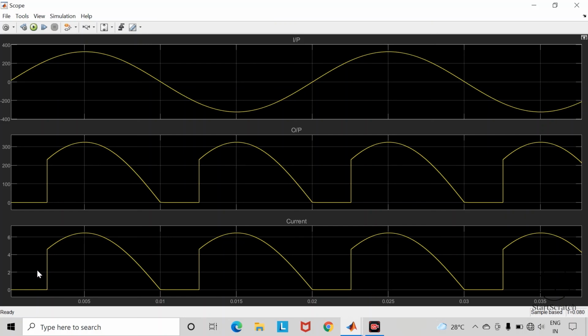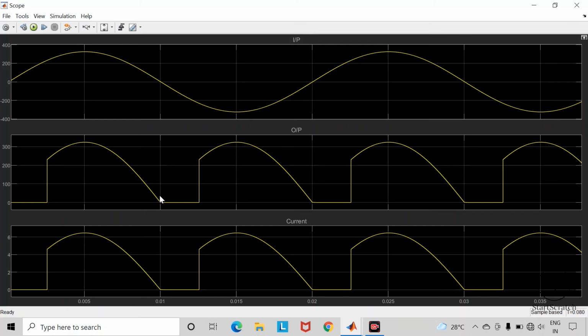When the gate pulse is applied to this first pair in the positive half cycle of the AC supply, this thyristor S1 and S2 gets triggered and they jump into this forward conduction mode. So here you can observe the output voltage waveform after the phase delay of 2.5 milliseconds or the firing angle of 45 degrees.